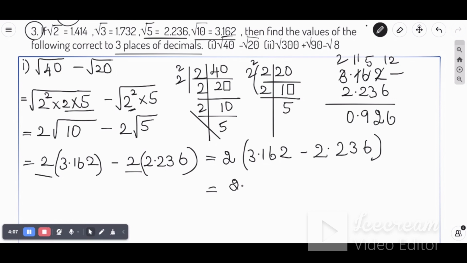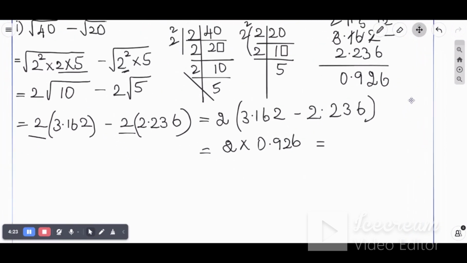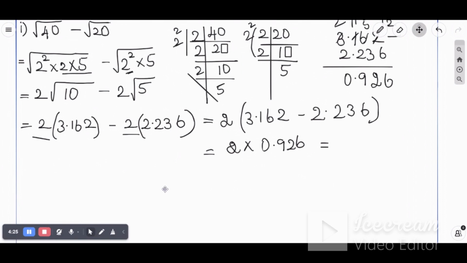So now this is 2 times 0.926. Then you have to multiply this 0.926 by 2. I don't have any space, so let us move this up a little. So 0.926 multiplied by 2. Again do it very carefully: 2 sixes are 12, 2 twos are 4 and a 1, and 2 nines are 18, so put it directly, 1.852.